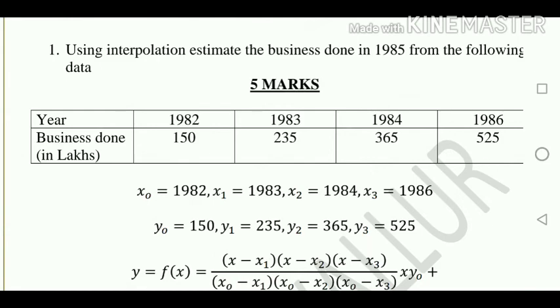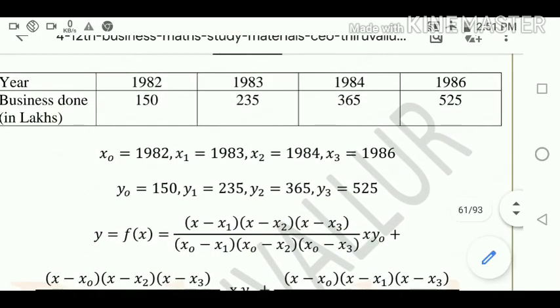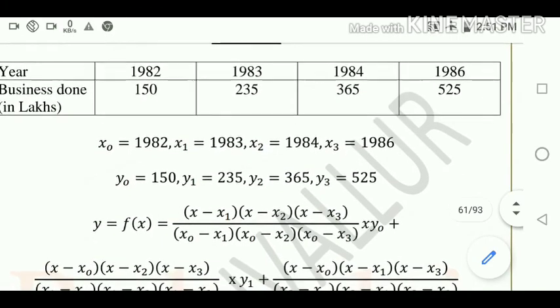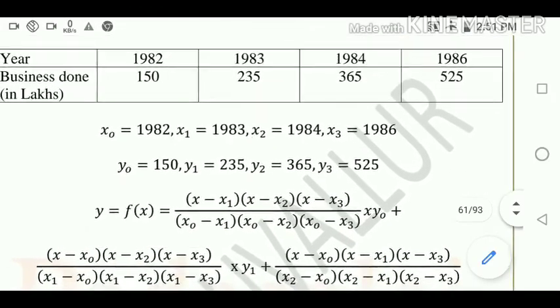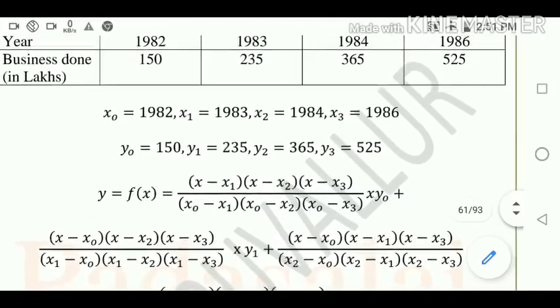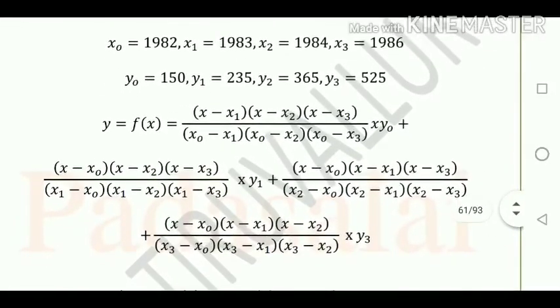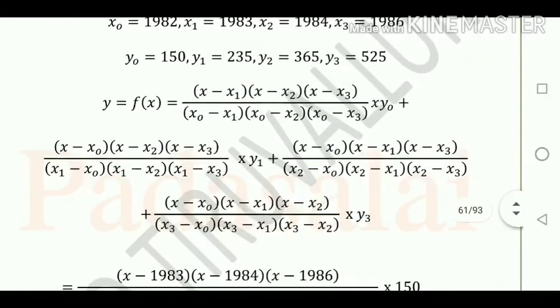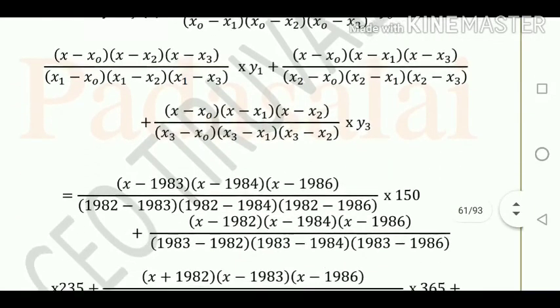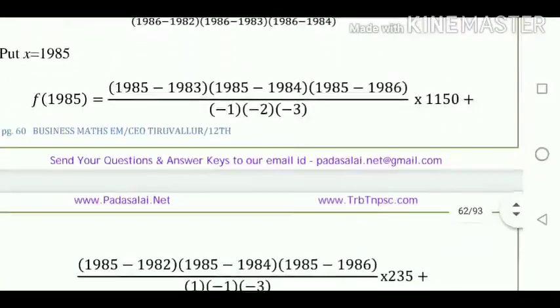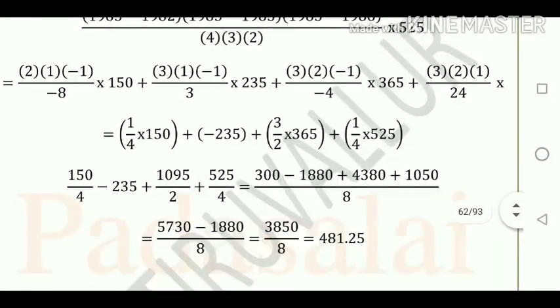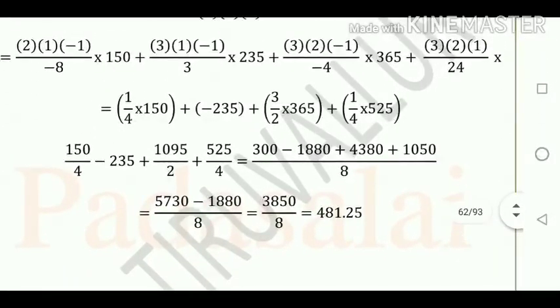So x0 equal to 1982, x1 equal to 1983, x2 equal to 1984, x3 equal to 1986. y0 equal to 150, y1 equal to 235, y2 equal to 365, y3 equal to 525. After applying these values, we are getting the answer as 481.25.